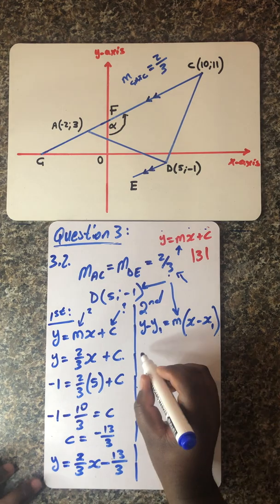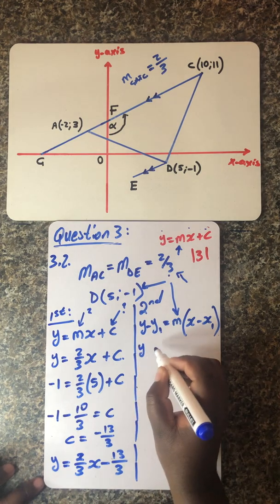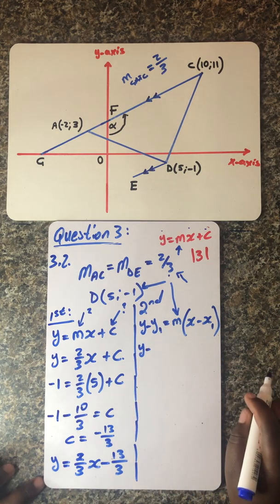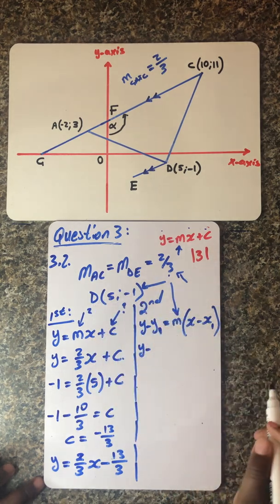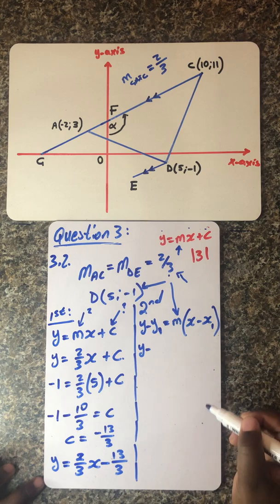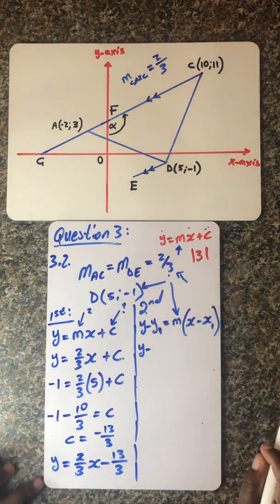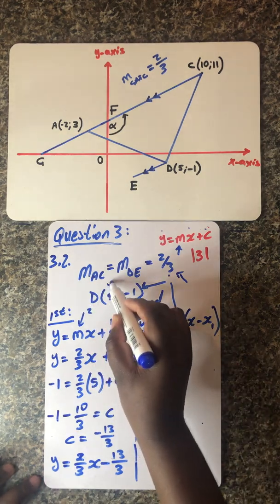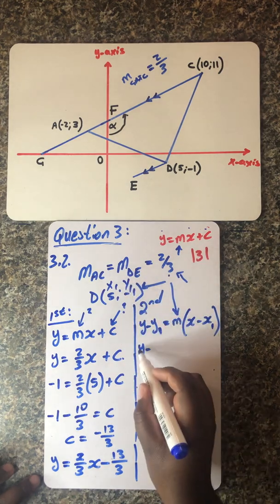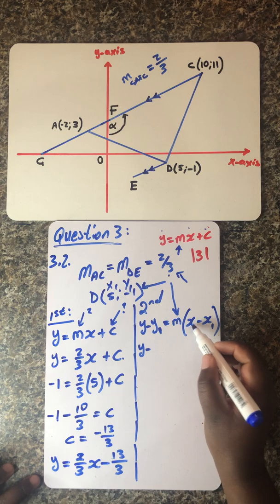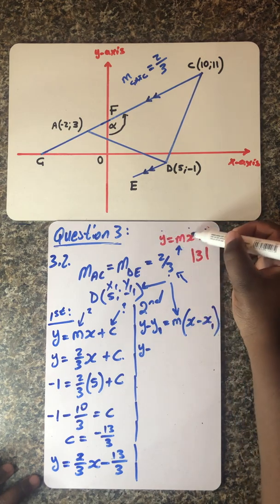So y1 refers to the y value of that coordinate. x1 refers to the x value of that coordinate. So that means this is x1, this is y1. Okay, so y and x is this y and x.